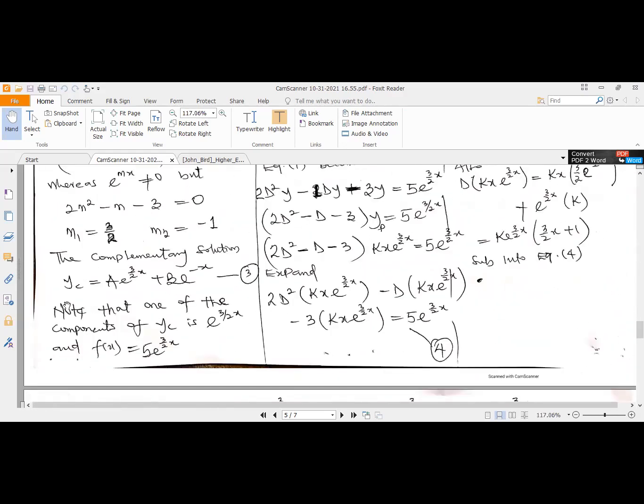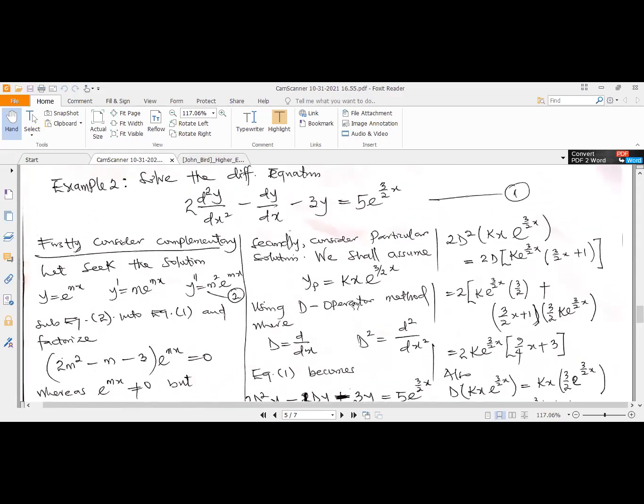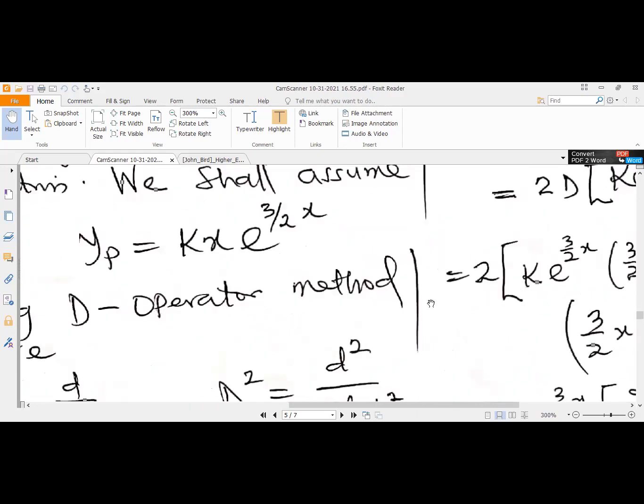So look at it. I said, note that one of the components of y complementary is exponential 3/2x. And then the non-homogeneous part f of x is equal to 5 exponential 3/2x. Do you notice that? Yes, sir. So this is a strange case now. So because of that, do you know what we're going to do?